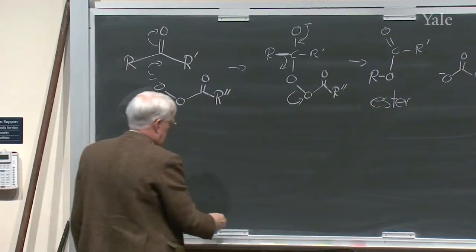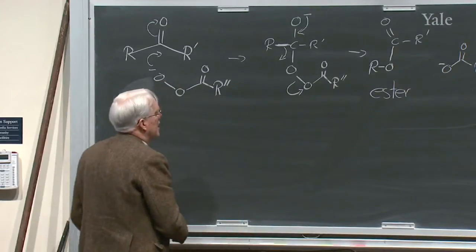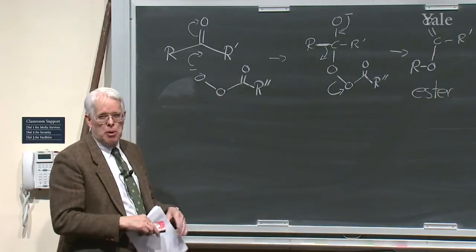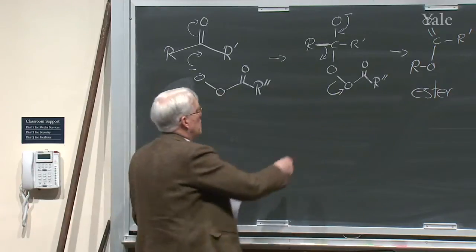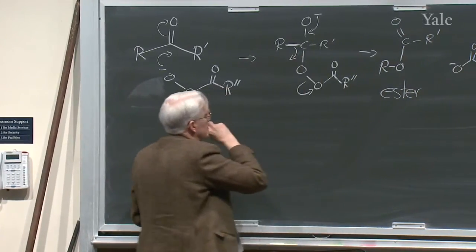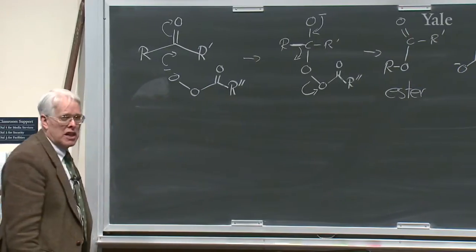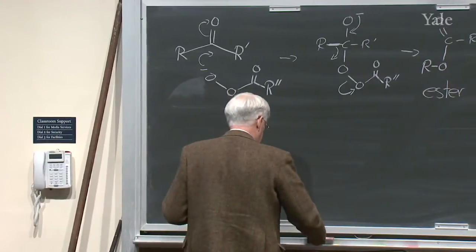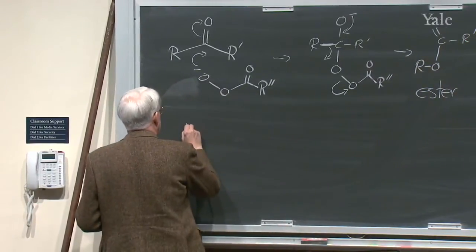Now, I indicated here that we had different R groups, or could have different R groups, R and R prime. The question obviously arises of which one migrates, which ester do you get? Now, this is called migratory aptitude.